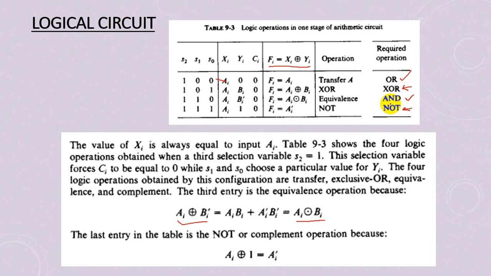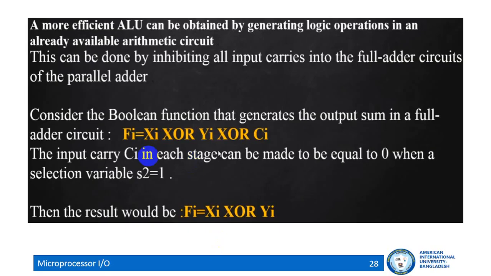Let me show you how we can gain the AND operation by modifying A. So look at over here. This was our logic equation for the parallel ladder for arithmetic unit design. And this is our equation for the logic unit design, the basic hardware.